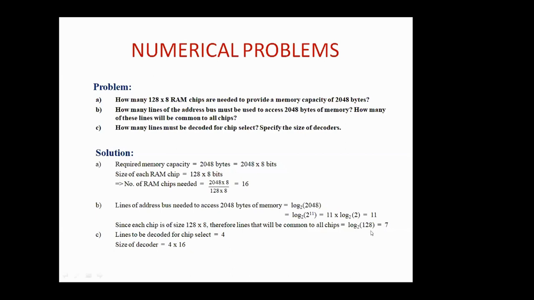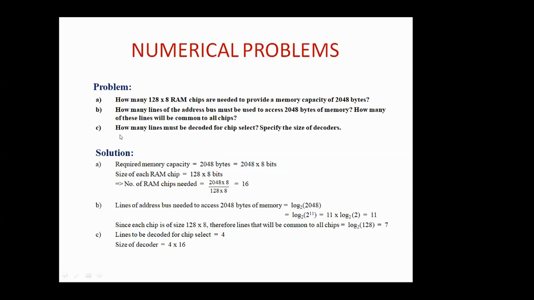And very obviously, where will the remaining 4 go? The remaining 4 will be used to distinguish between the RAMs. Since we have 16 RAM chips, to distinguish between 16 RAM chips, we require 4 bits.